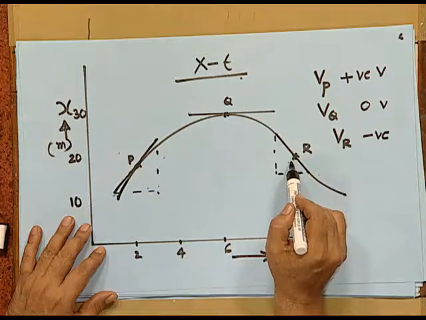When the object has positive velocity, it means the object will be moving along whatever you have defined as the positive direction. When you have negative velocity, it means the object will be moving against the original direction, which you have called positive.